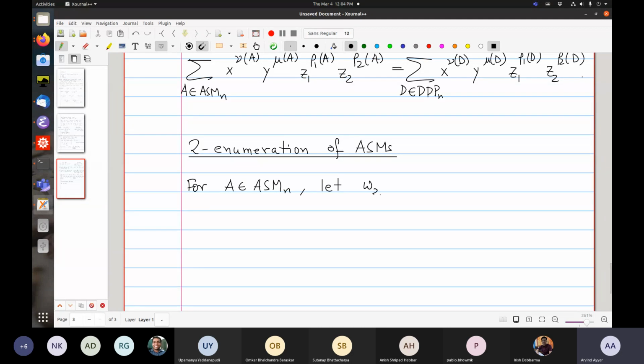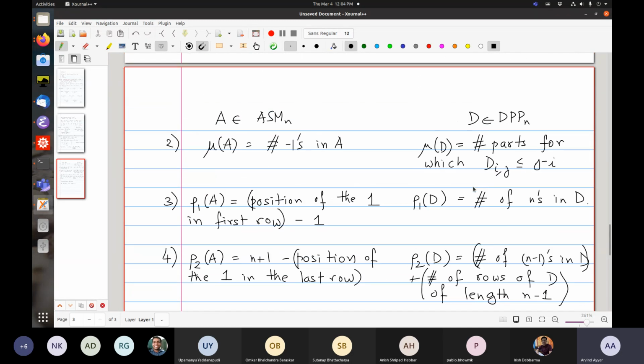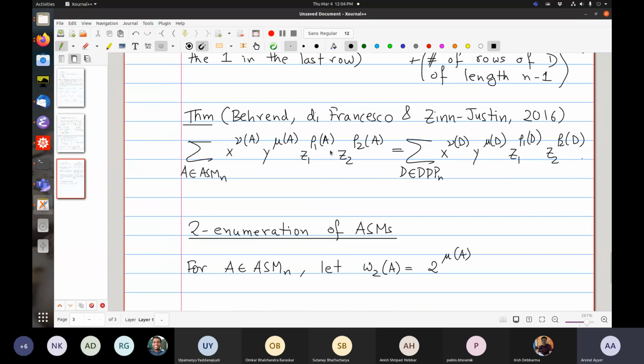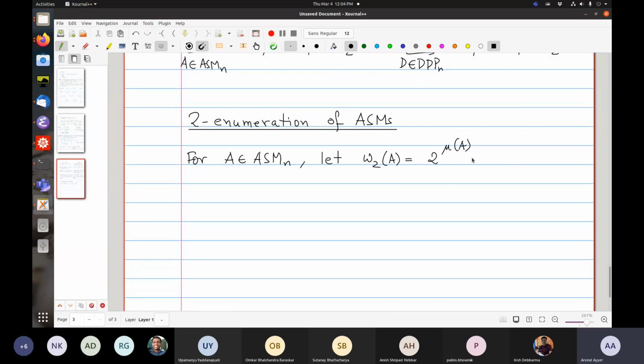let W2 of A be equal to 2 to the power of the number of minus ones in A, which we have called mu of A. So each permutation matrix counts once, a matrix with one 1 minus 1 is going to count twice, and so on.